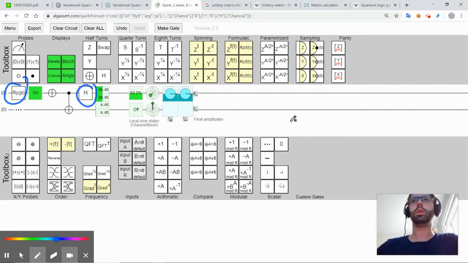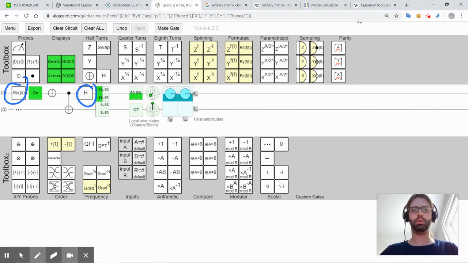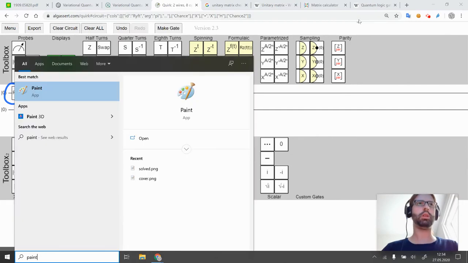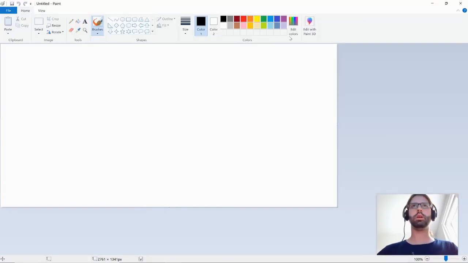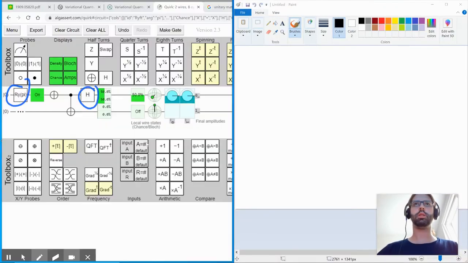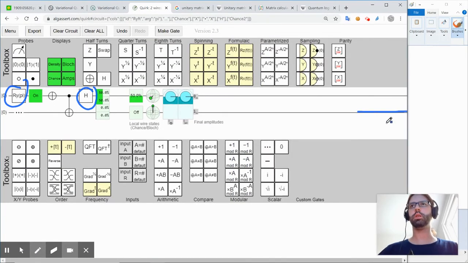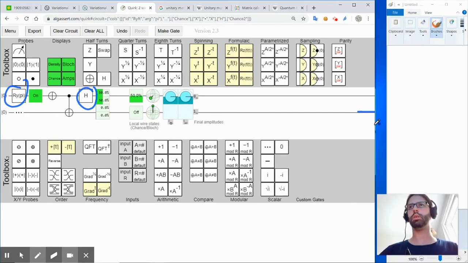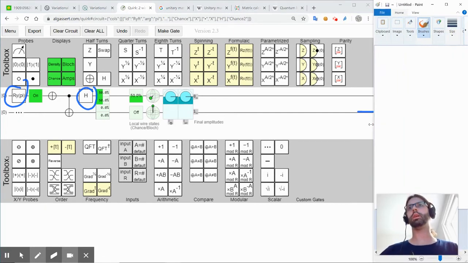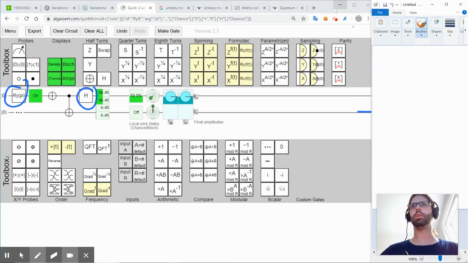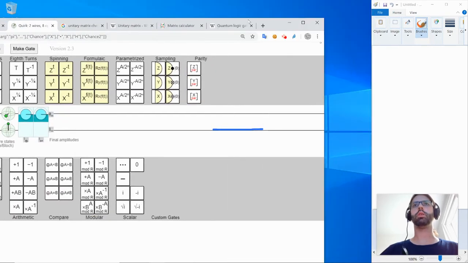Maybe I should be taking some notes. I need a note-taking app somehow. I don't want to use Paint for these, but I can probably use Paint inside and take some notes in here. Yeah, I can take notes in here actually.